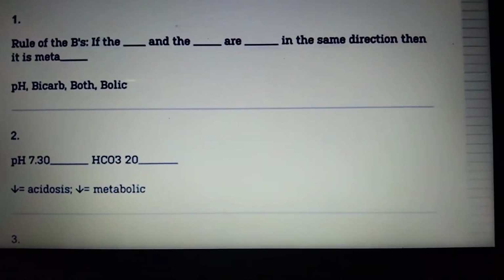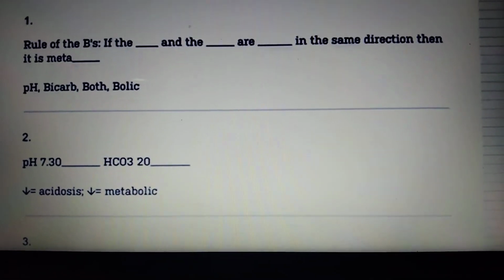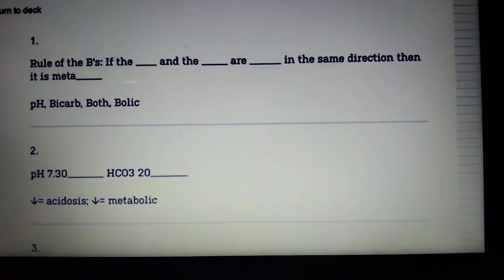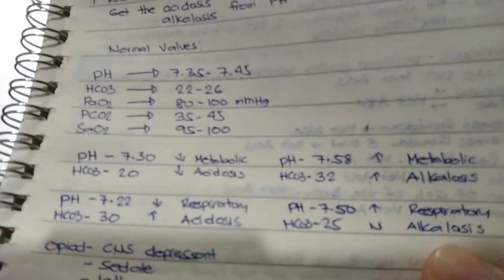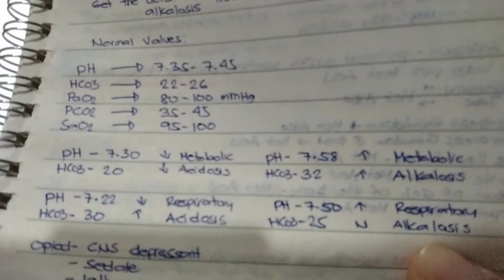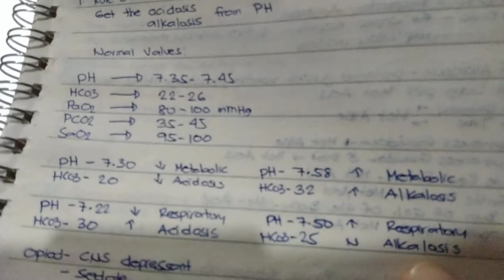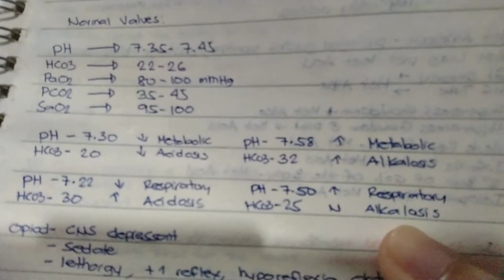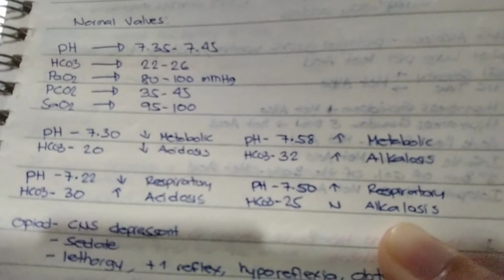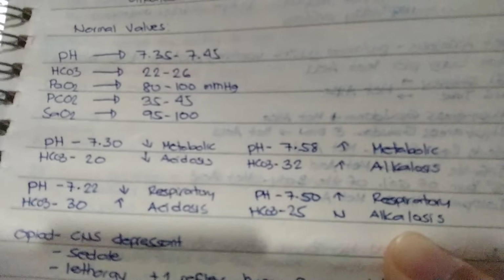Before we understand further, I think we have to review our normal values. I'm sorry, I only have notes. The normal values of our acid-base gases: pH is 7.35 to 7.45. HCO3, 22 to 26.